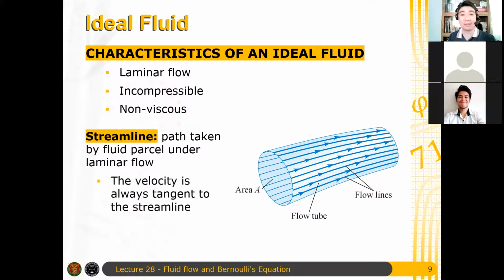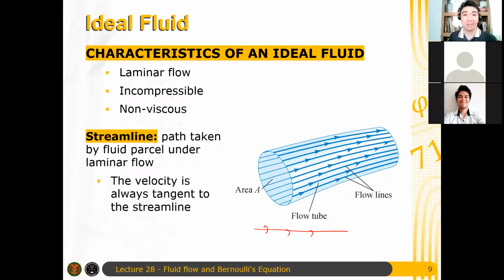And it turns out that for a fluid in laminar flow, the velocity is always tangent to the streamline, which makes sense because the lines don't cross each other, right? So your velocity at any given point, if this is the trajectory of the fluid parcel, then we expect that the velocity is in the same direction as the fluid parcel, or is at least parallel to the trajectory of the fluid parcel. Okay? Is that clear? Yes, sir.